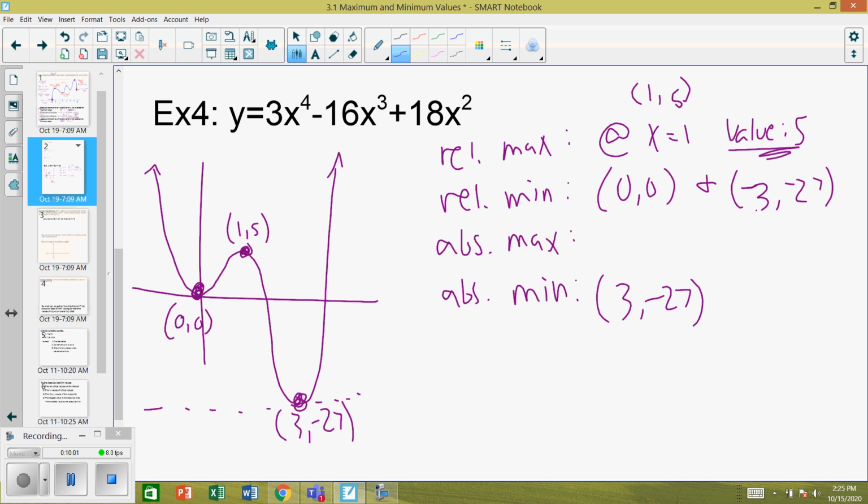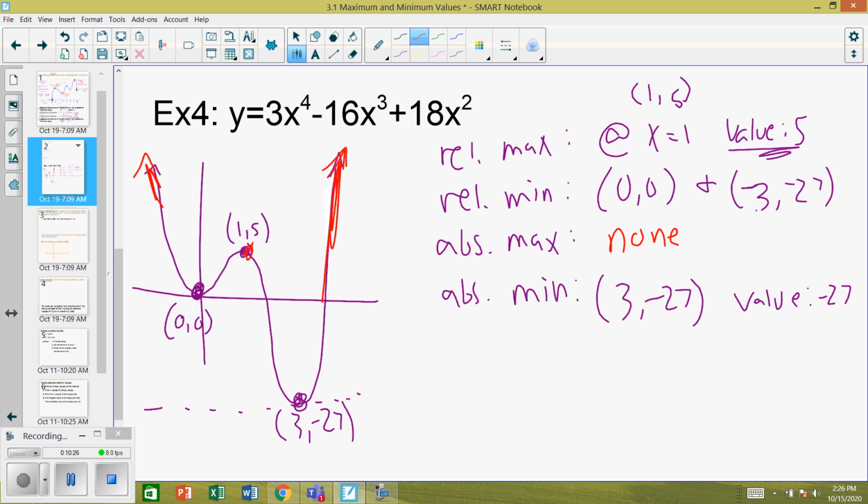The absolute minimum value in this case is negative 27. It occurs at x equals 3. Now, what about the absolute max? We have a relative one here, but there are no endpoints, and this function goes on to infinity. So it's unbounded, meaning that there is none.